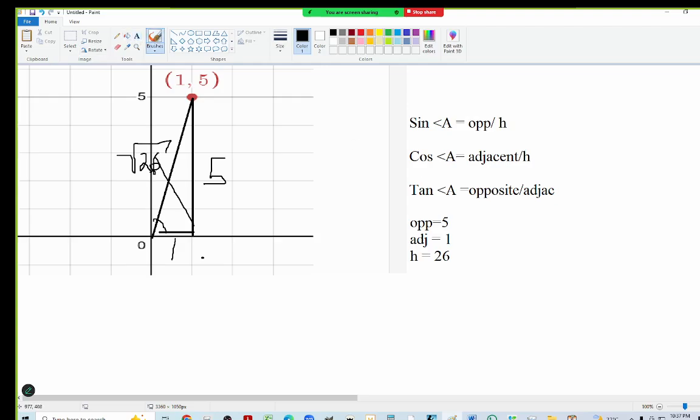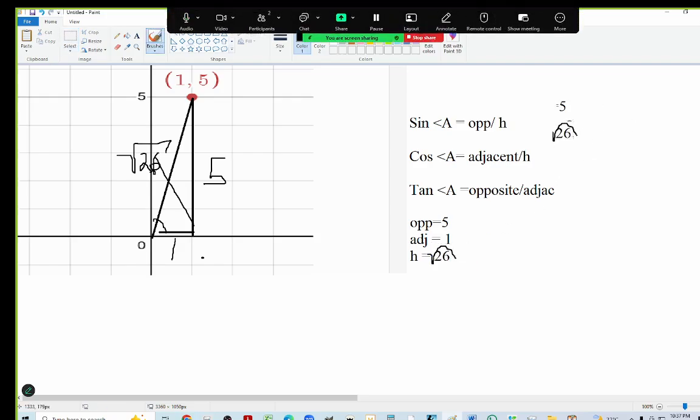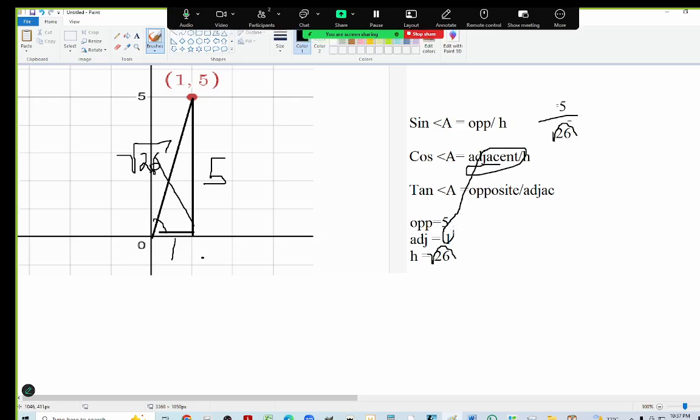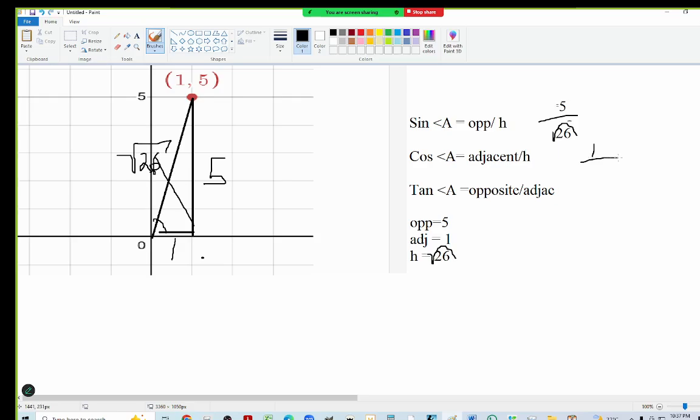Now all we have to do is fill out our little fractions up above. Opposite over h is 5 over the square root of 26. So there's our sine of the angle. The cosine is the adjacent, 1 over the square root of 26.